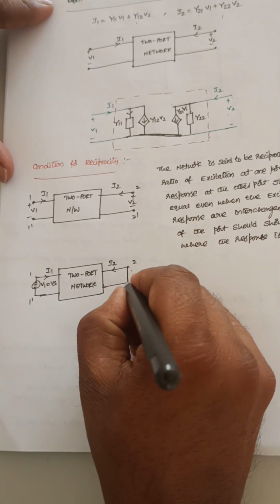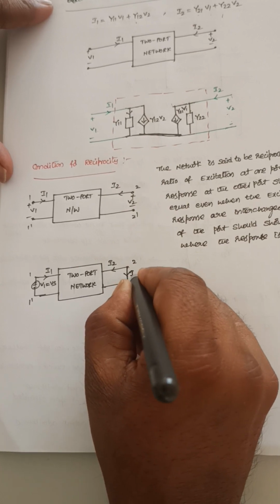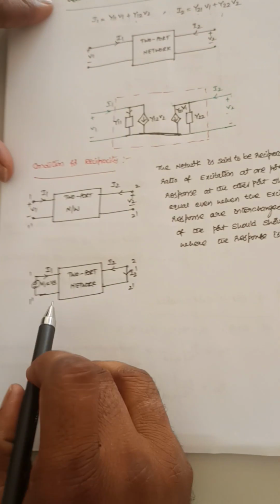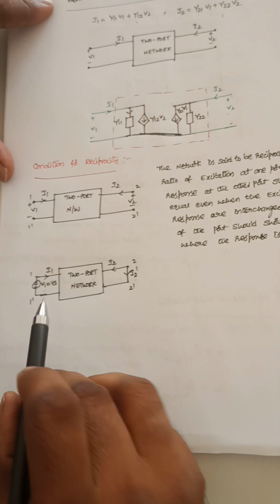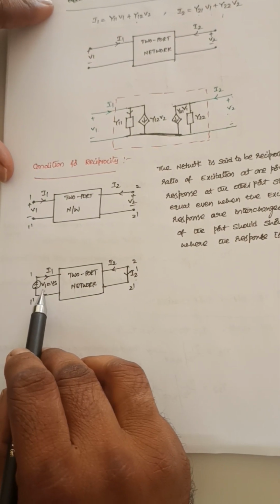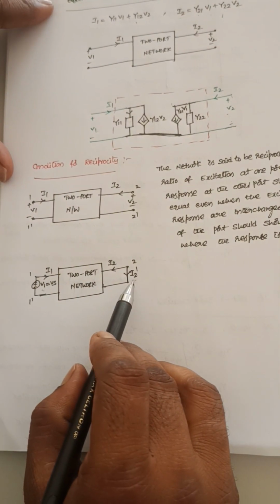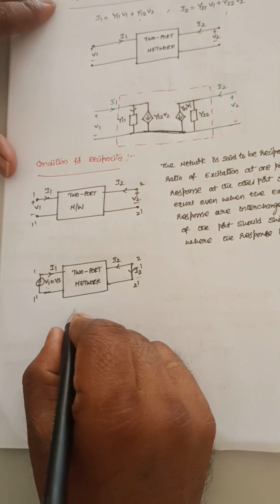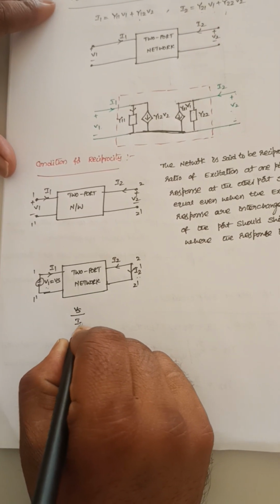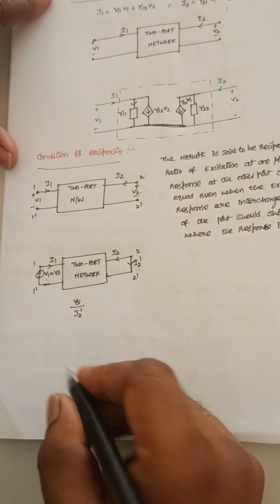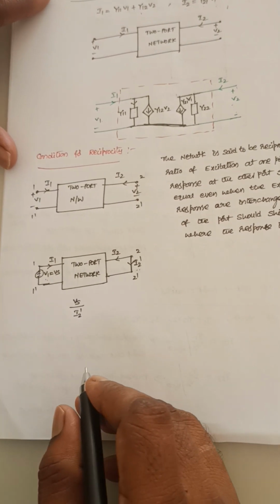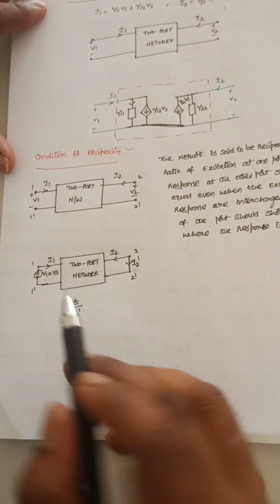So it should be short circuited, and this is I2 dash. So the ratio of the excitation at one port to the response at the other port, that is Vs by I2 dash, should be equal even when the excitation and response are interchanged.